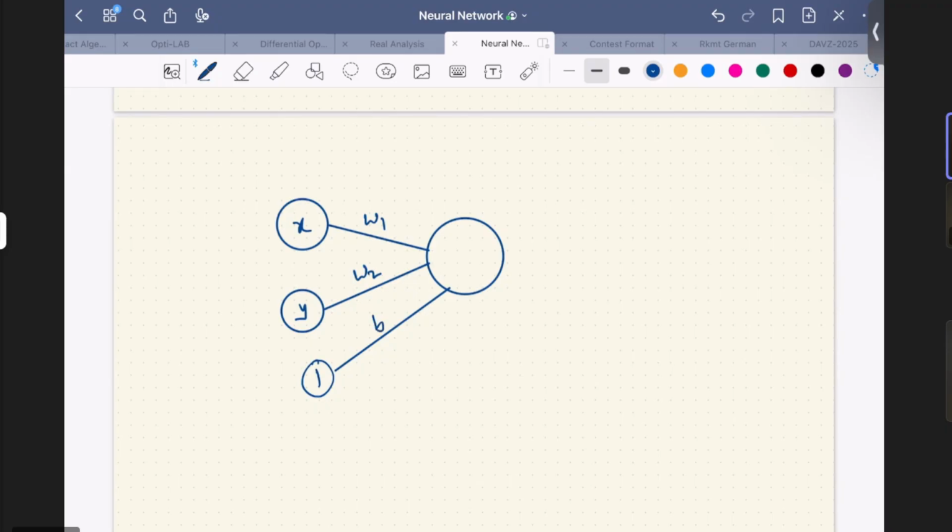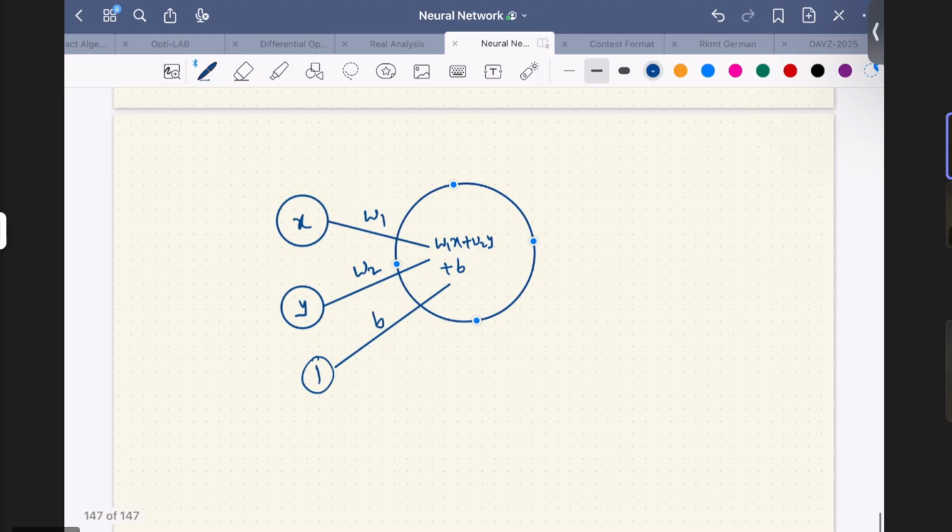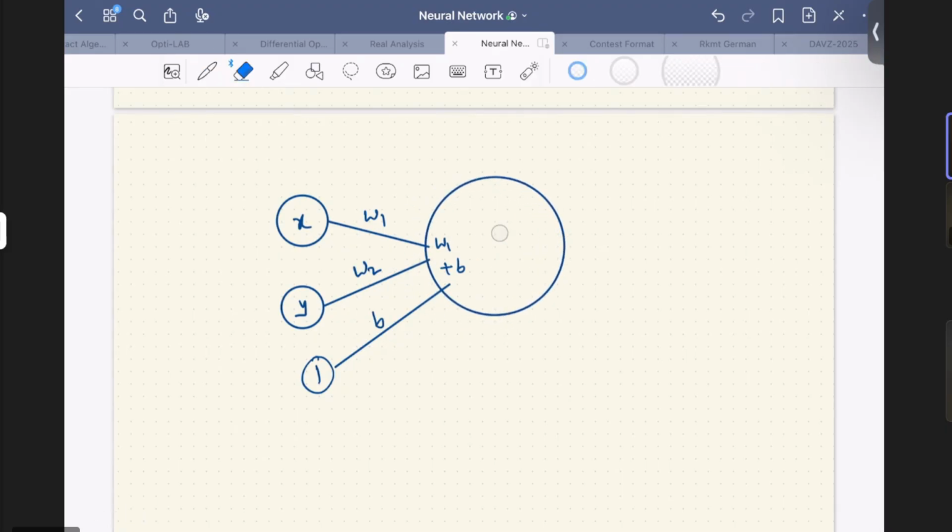Then you will have an equation: w1x plus w2y plus b.